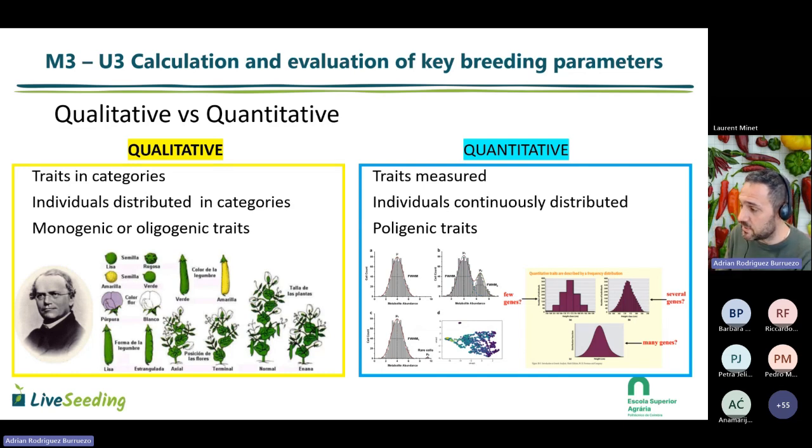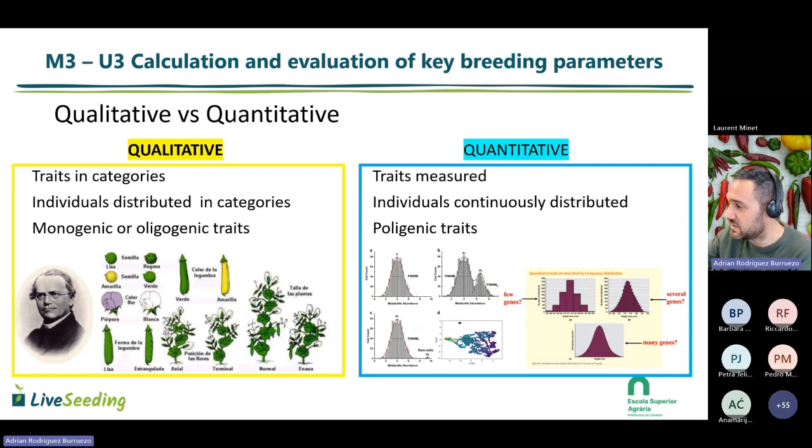So even individuals that genetically could be in the category, let's say, 1.25 kilos per plant, the environment can put in the distribution on the 1.35 or 1.40, while other individuals which genetically could produce up to 1.95, the environment may decrease their final phenotypic expression to 1.45, for instance.